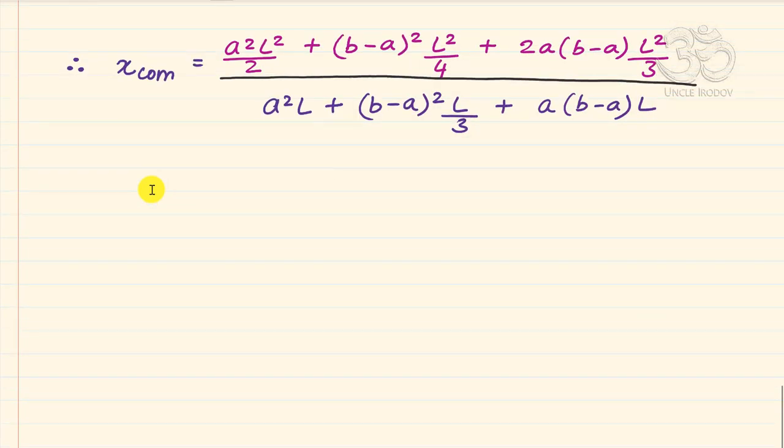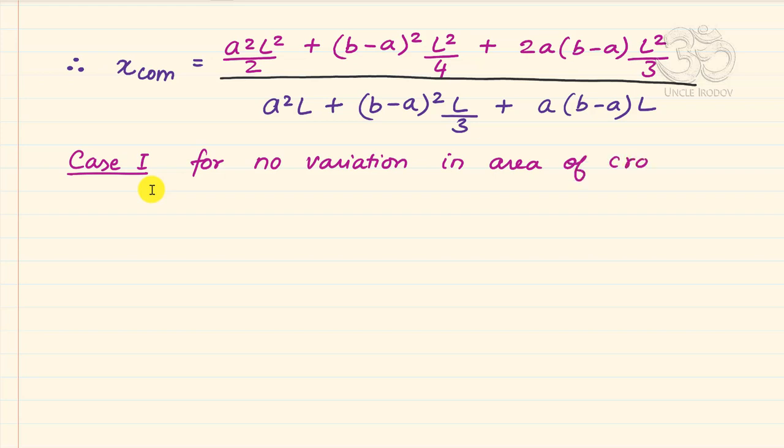So let me take case 1, for no variation in area of cross section, B should be equal to A. That means B minus A will become 0, and the x center of mass will be, now the moment you put B minus A as 0, you will have the second term and the third term in the numerator going off, and the second term and the third term in the denominator going off.